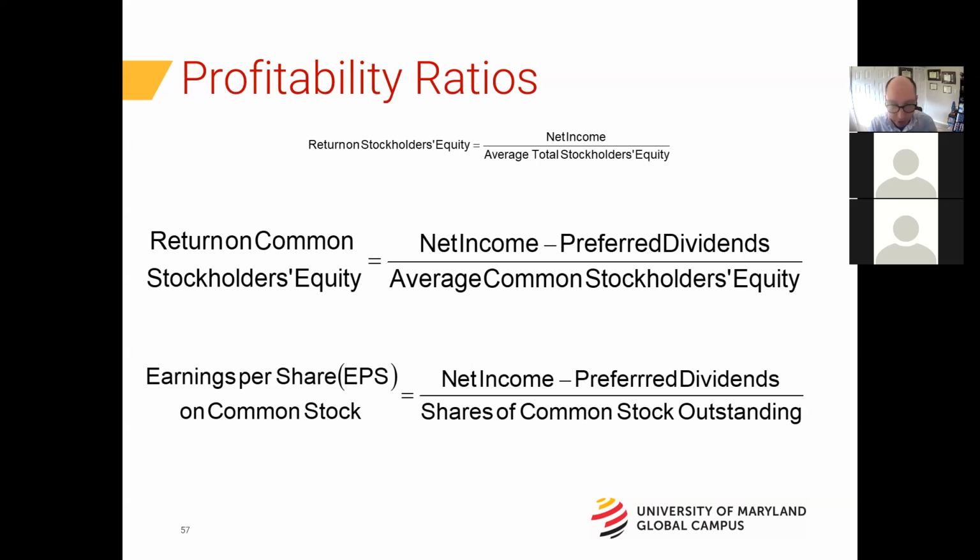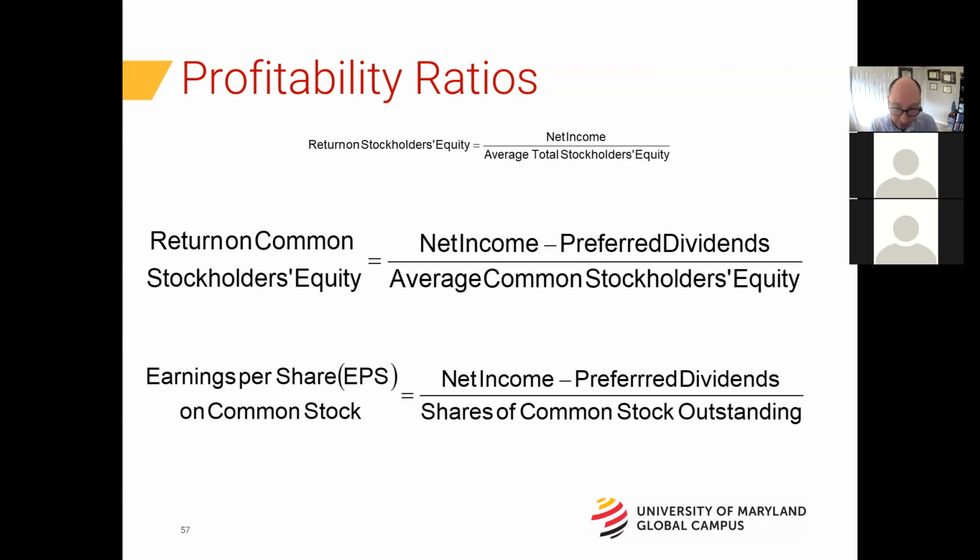Those are preferred shareholders. So net income minus preferred dividends, those are dividends paid to preferred stockholders, divided by average common stockholders' equity. Common stockholders, as you recall, are where individuals hold common shares of stock and they have the ability to vote, right?